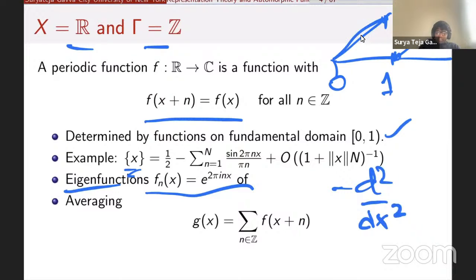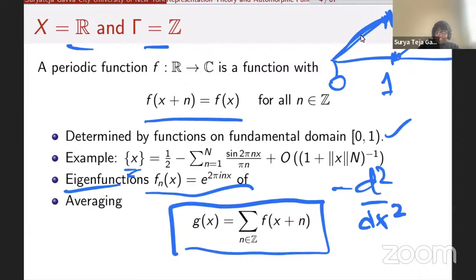Okay, so what else? If you want to get some periodic functions, another way, instead of just taking the fundamental domain and looking at some function and saying that it looks the same on every fundamental domain or every shift, you can also say: take any function f and average it over the group.